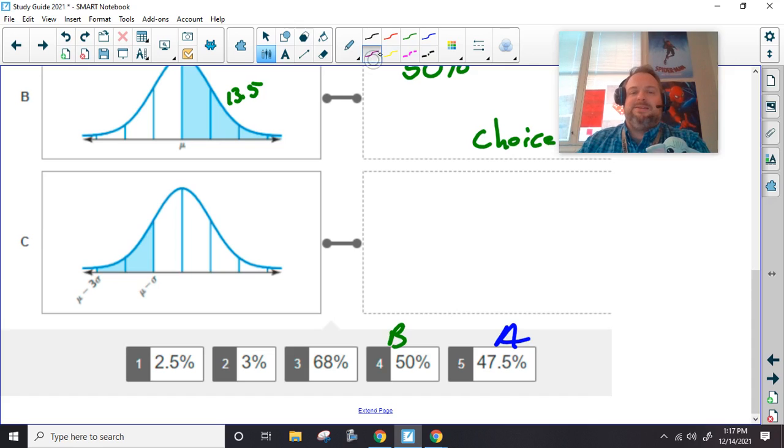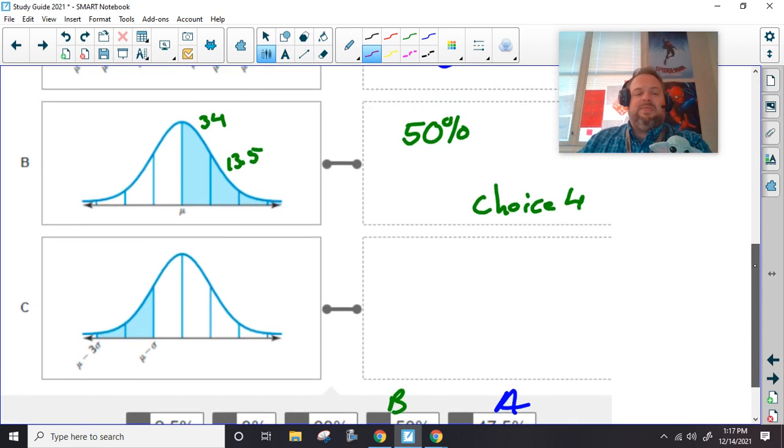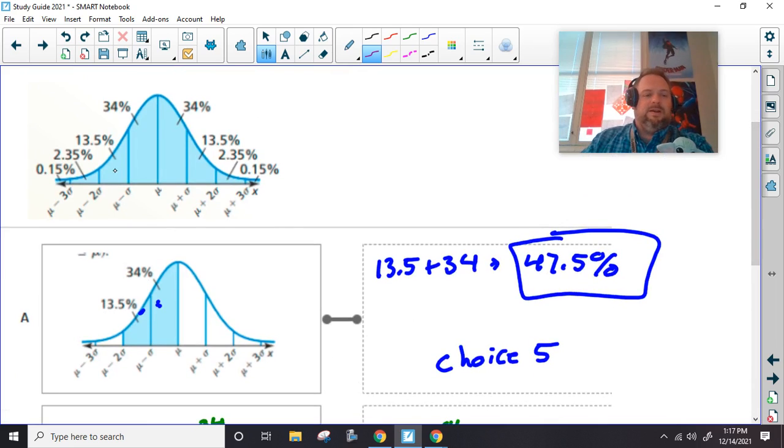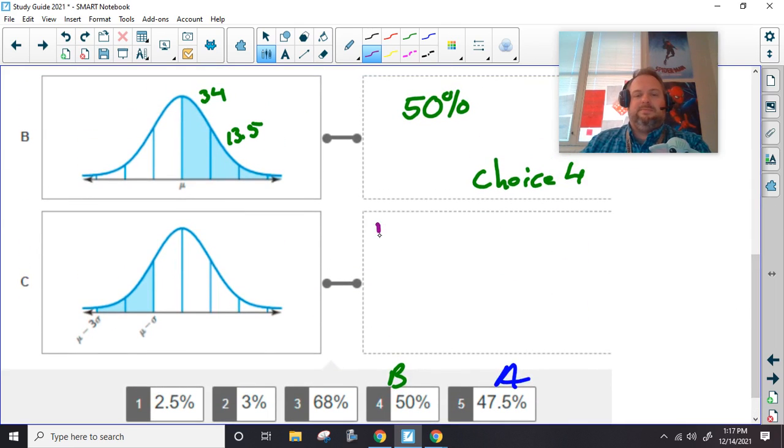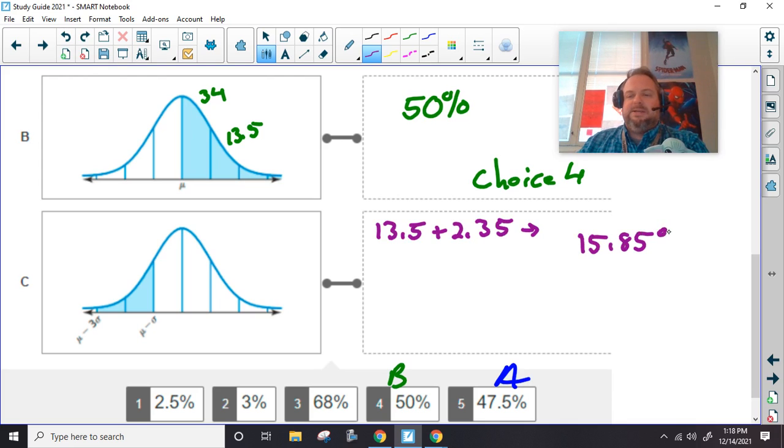Now, this is the part that I messed up on because I thought it was this part and this part, but it's these two. All right. Those two sections are 13.5 and 2.35. This is actually 15.85%, and that has replaced this.